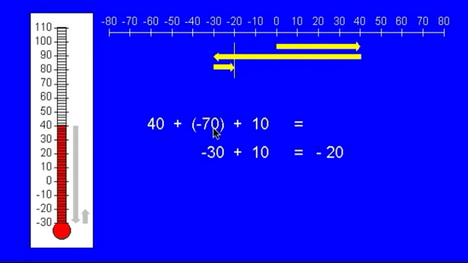So again, you subtract their absolute values. This 40 cancels out 40 of that, and take the sign of the larger. So you have 30 of the negative still left.